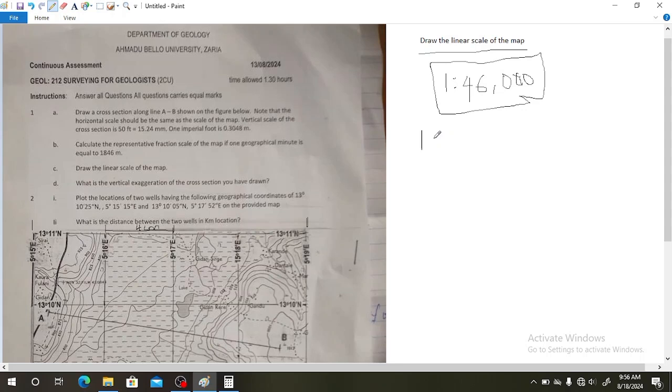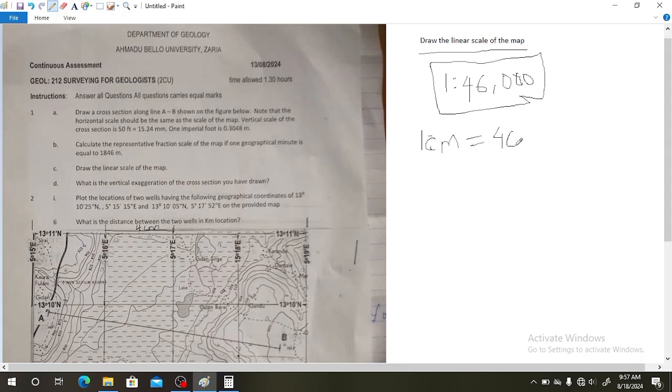But here now, I'm deciding that I want my linear scale to be in kilometers.